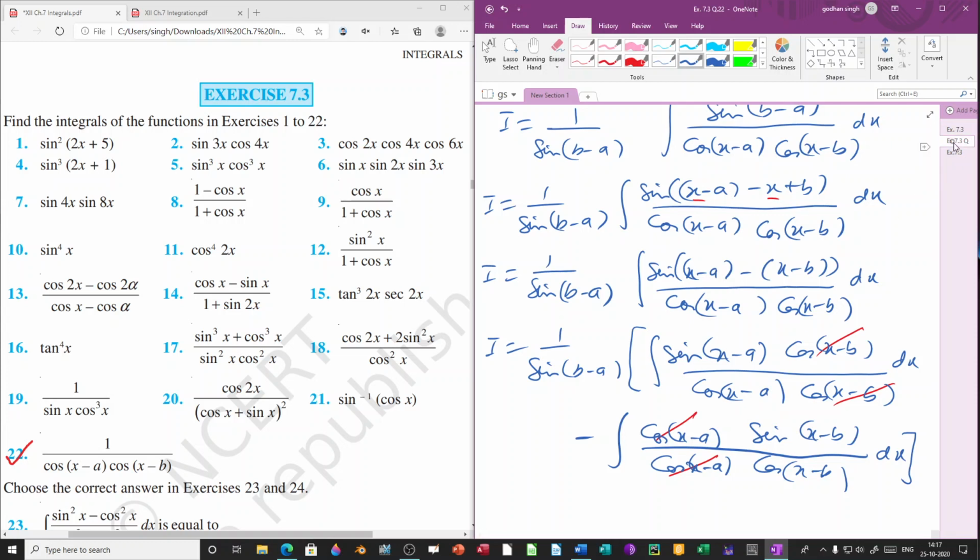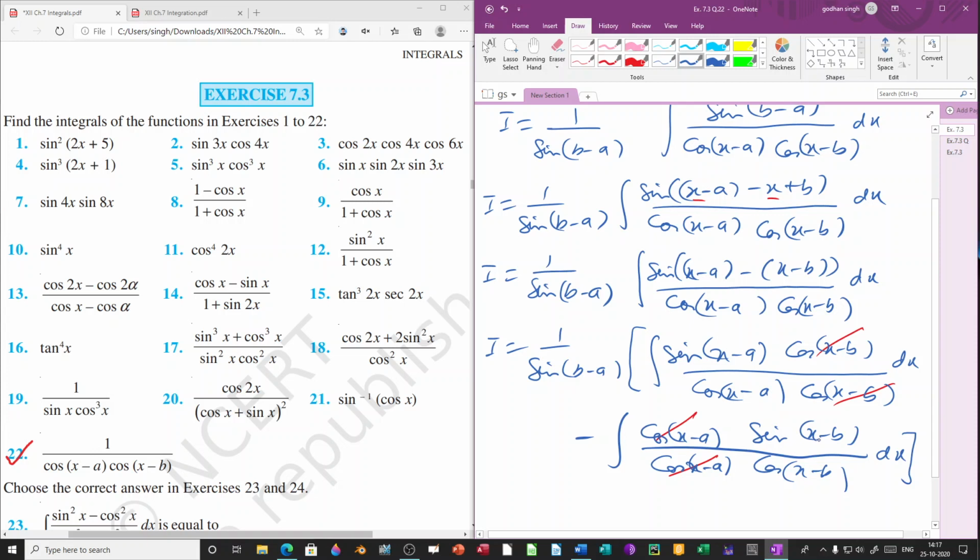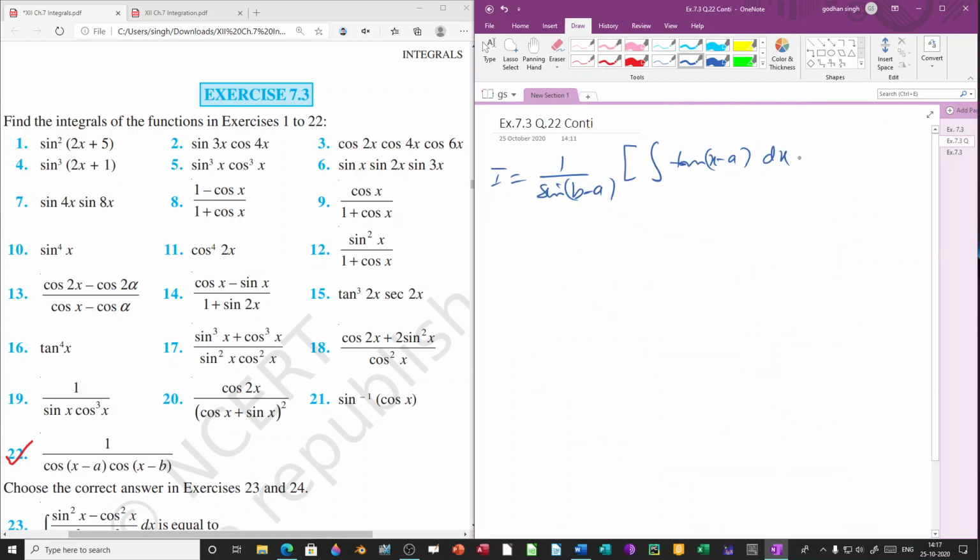So integration of tan of x minus a dx, minus sin over cos, again that is tan, so minus integration of tan of x minus b dx. So I equals now 1 by sin b minus a integration of, now what is the integration of tan x?